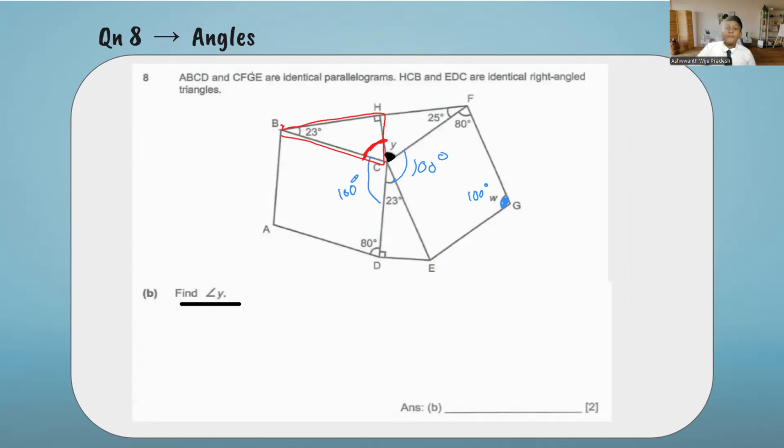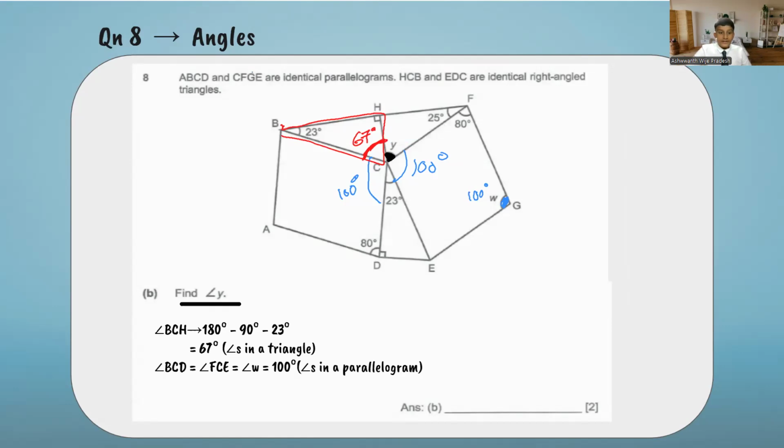Find angle BCH by taking 180 degrees minus 90 degrees minus 23 degrees, which is 67 degrees, because of angles in a triangle. Then we will annotate that angle BCD is equal to angle FCE, equal to angle W, which is 100 degrees, because of angles in a parallelogram.